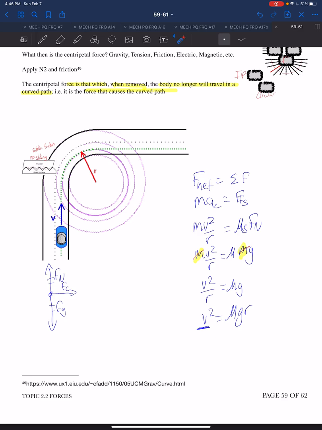So whatever I do to one, I do to the other. There's a direct relationship. So in this case, mass itself is not a factor. That's a big takeaway in this case. Mass does not affect the velocity.